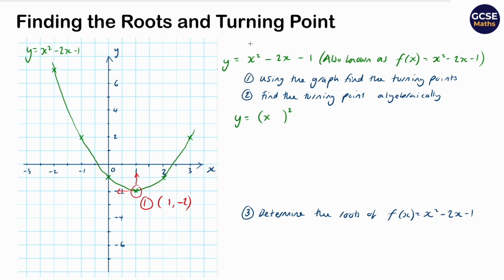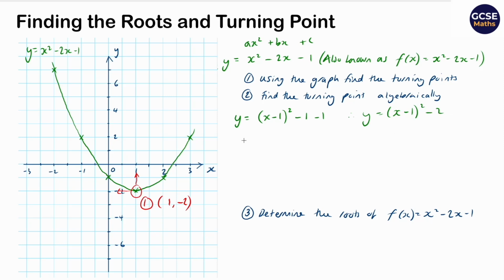If you remember, that is ax squared plus bx plus c. So we take the value of b and we half it. So minus 2 over 2 is just minus 1. Take half of b squared away from that. So we have 1 squared is 1 and we take it away. And then finally we put c on the end. So therefore we now have (x minus 1) squared minus 2.